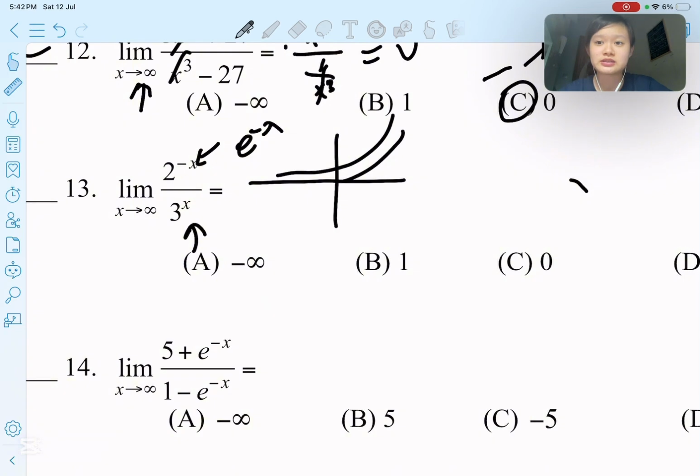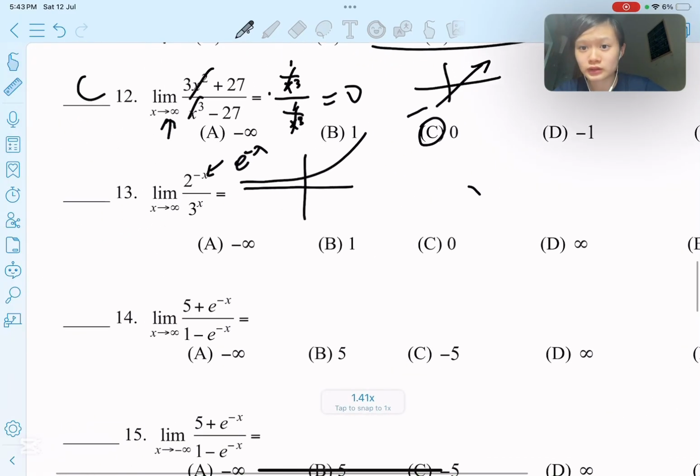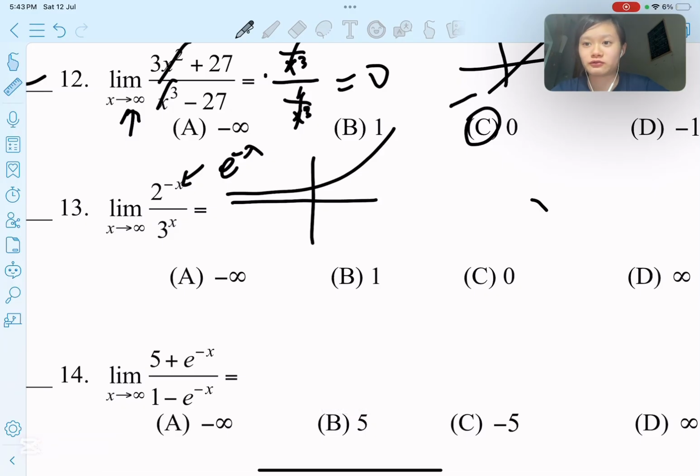Although this is bigger than this, of course, it just makes it more and more flat. But eventually, when it goes to infinity, it will also go to infinity. That is my logic for the first part.